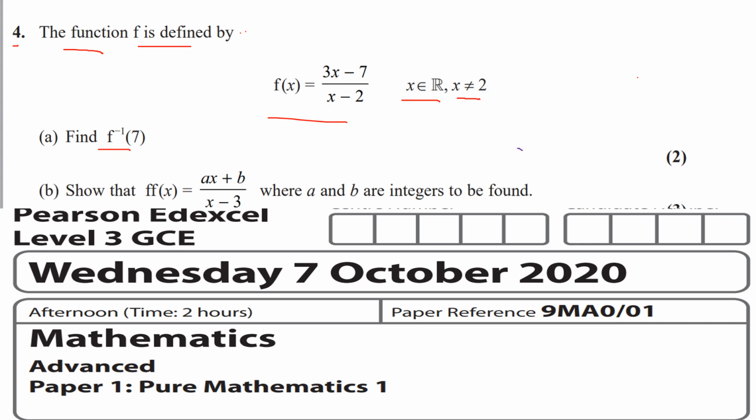So we're going to put f back into f. We start with the function f, and we substitute this back into here. So this is what we're going to have: 3 lots of all this.